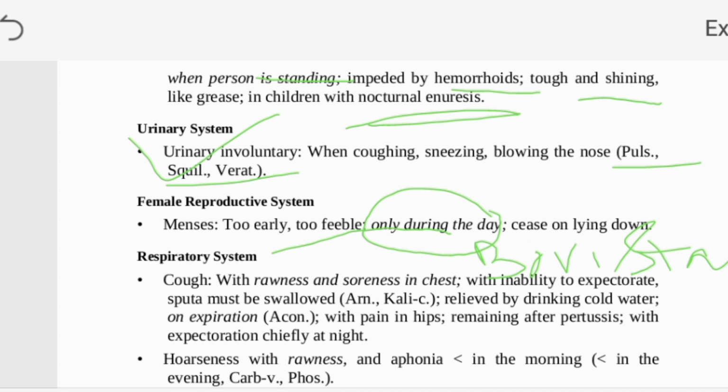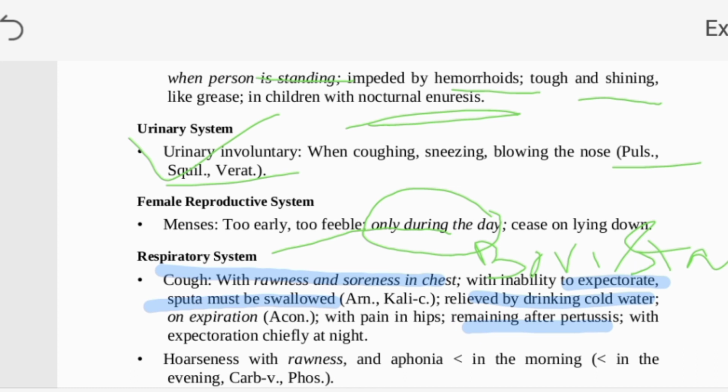Respiratory: there will be cough, soreness in the chest. When the patient tells this symptom, we always have to mark that cough with soreness of the chest, inability to expectorate the sputum, can't expectorate, swallows, and everything is relieved by drinking cold water, like Cuprum metallicum. Pain occurs because of cough due to TB or pertussis, mainly at night.